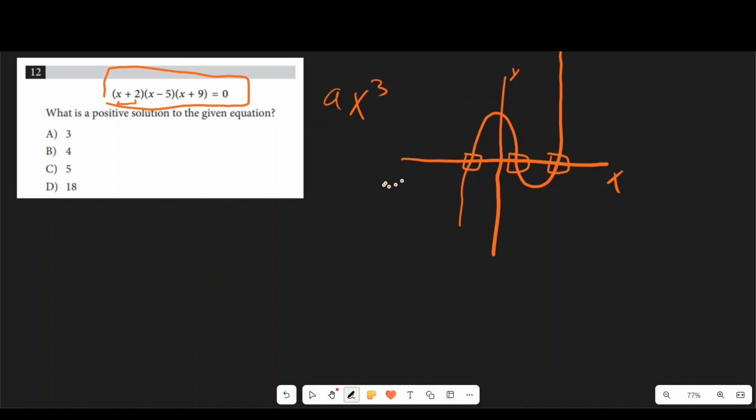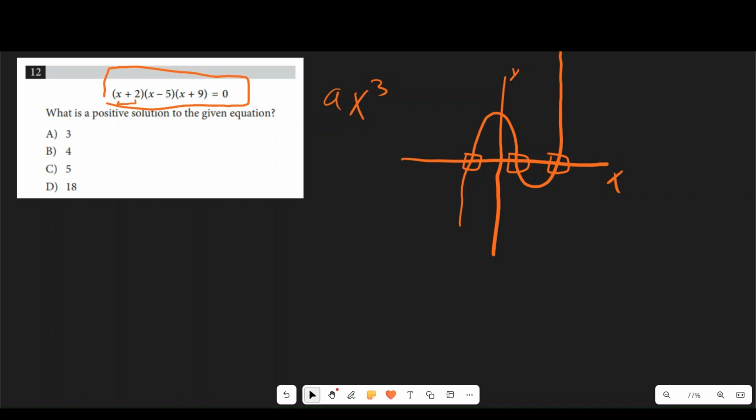Now, granted, I'm not basing this drawing off of this actual equation. I'm just showing you the general format of such an equation so that you can understand the underlying concept, right? So, like I said, we need to first identify that there are three x's, and then know that when you have some sort of polynomial set to 0, it simply means at what points does this graph or this line touch the x-axis.